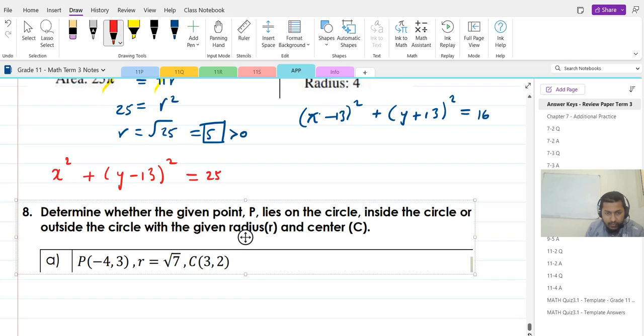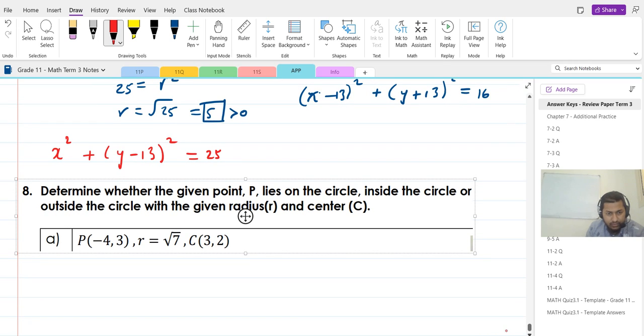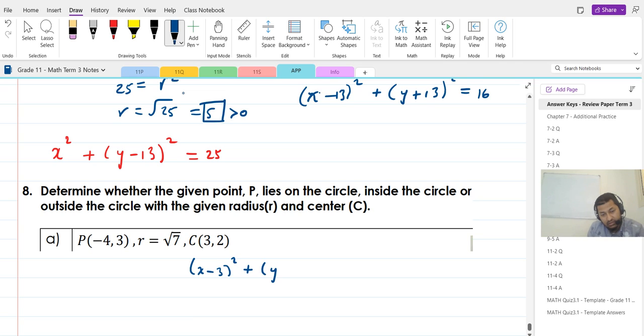So if we have the center and the radius, the equation of the circle here is x minus 3 squared plus y minus 2 squared equals 7. Now we're going to substitute this point inside here and compare it, using the left hand side of the equation only.